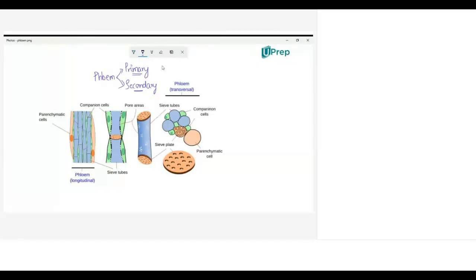Do you remember the difference between primary nature and secondary nature? Primary, I told, the initial stages of plant growth will find some structures. And in later stages of plant growth, we'll find some structures.